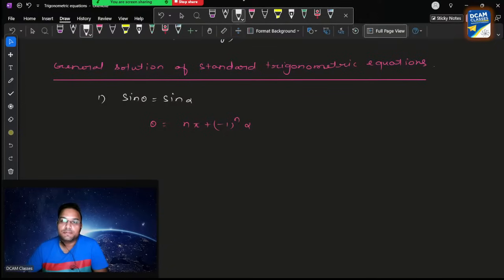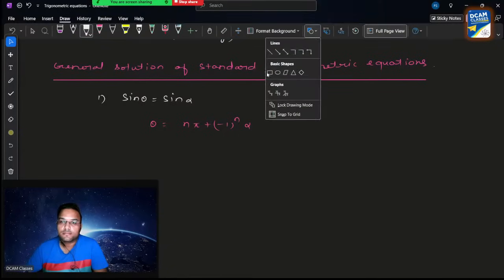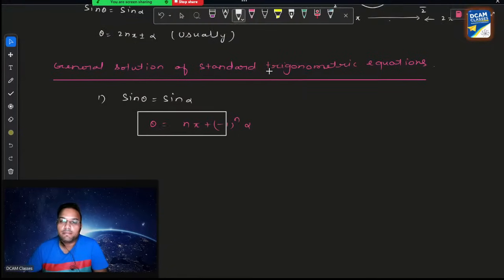But here you must be getting a doubt. Sir, why did you write n pi plus minus 1 whole power n into alpha for this? I wrote 2n pi plus or minus alpha initially, but I said it's usually, not always. That's why we are giving the general solution of this standard trigonometric equation, just some formulas I'm giving.